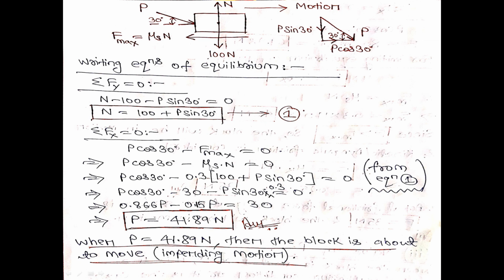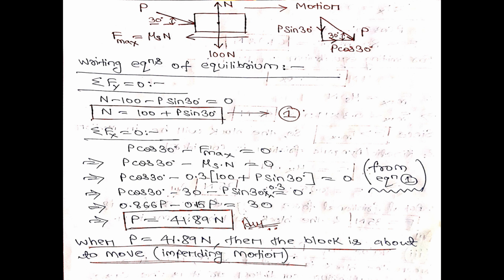In the expression of Fx, P cos 30 minus mu S into N equal to 0, in place of N I substitute 100 plus P sin 30. So P cos 30 minus 0.3 into (100 plus P sin 30) equal to 0, or P cos 30 minus 100 into 0.3, which is 30, minus P sin 30 into 0.3. If you solve this expression, finally you get the value of applied force P.